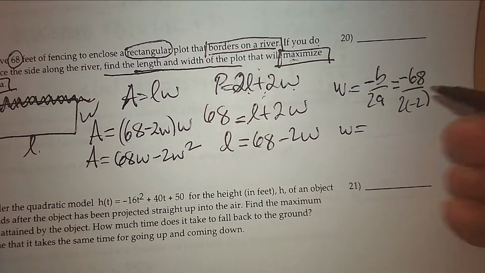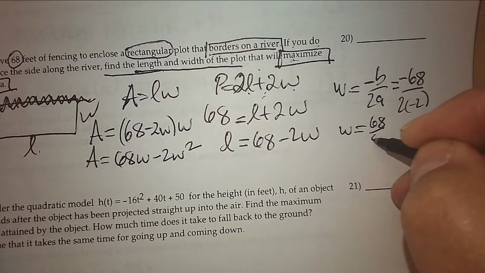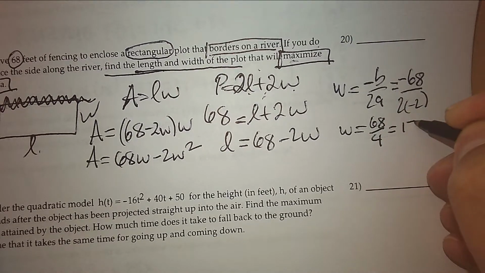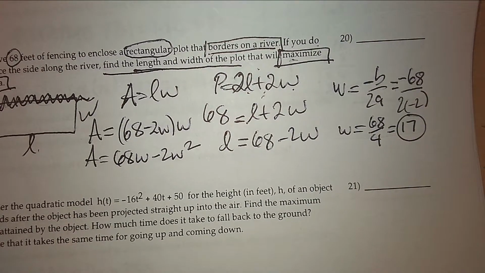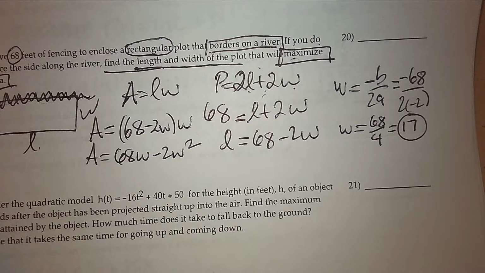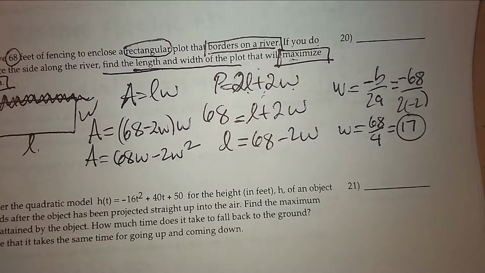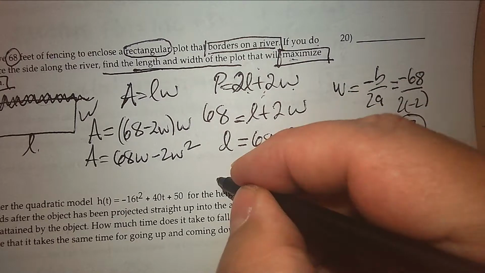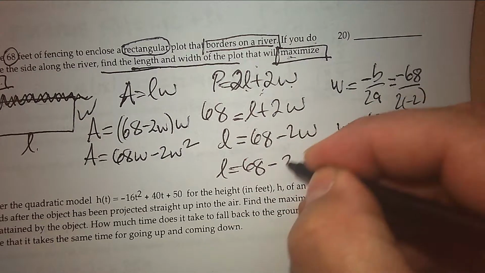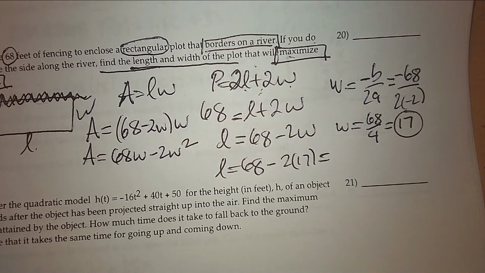So it's 68 divided by 4. So 68 divided by 4 is 17. So I know the width is 17.